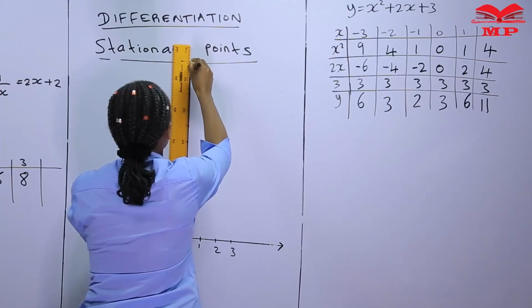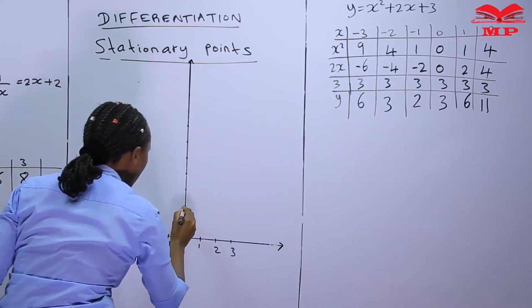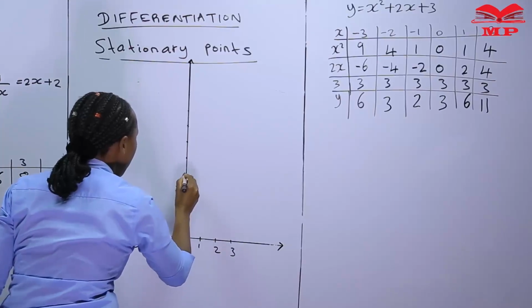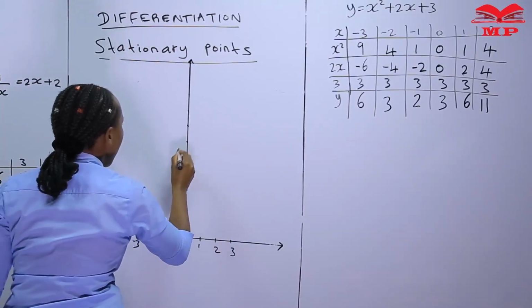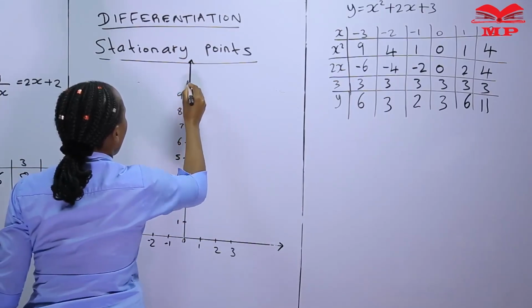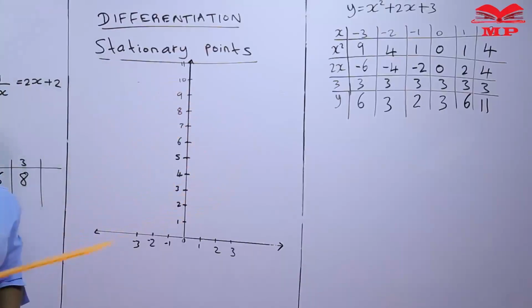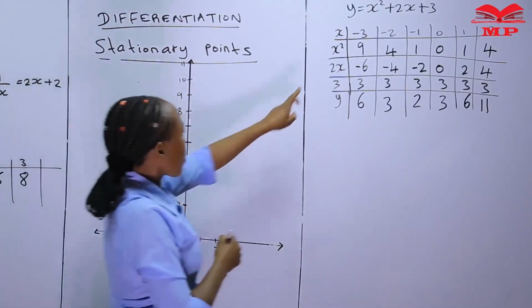We can have up to here 11. So we have that. We want to plot the points so that we can obtain the curve.